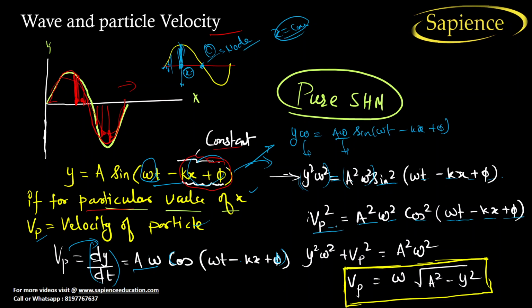Now if we add both the equations, we get omega square y square plus vp square is equal to a square omega square, with a square omega square common, and sine square theta plus cos square theta becomes 1. So finally we will get the velocity of the particle as omega into root under a square minus y square.